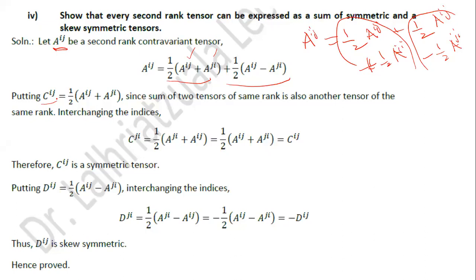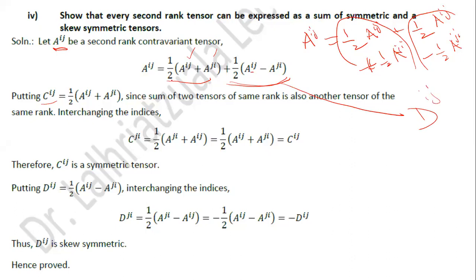So if you are adding two contravariant tensors of rank 2, it will result in another contravariant tensor of rank 2. That's it. So you can write it as Cij. And similarly, you can also denote the second term, that is subtraction of two contravariant tensors, as another new tensor called Dij here.